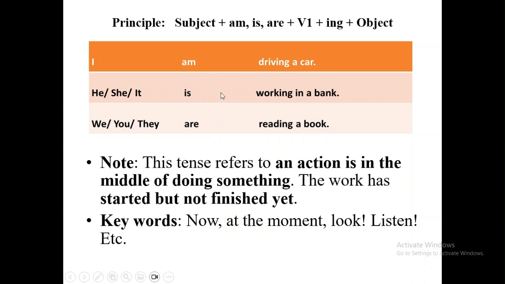So he is working in a bank, she is driving a car, it is reading a book. Like that, we have to use is with these third person singular pronouns he, she, it. So this is the combination.